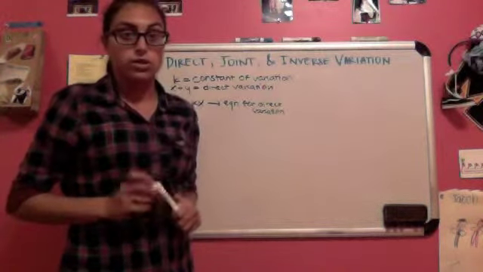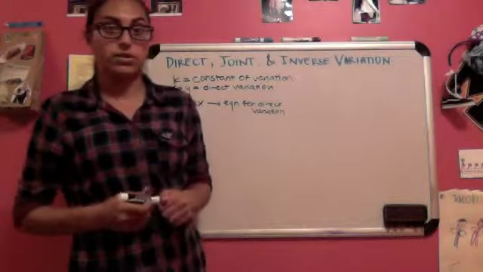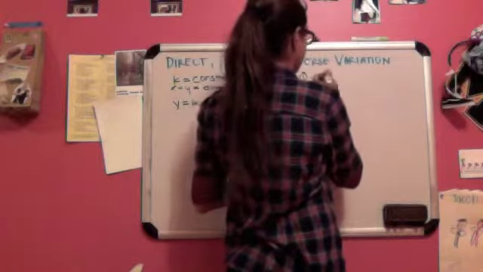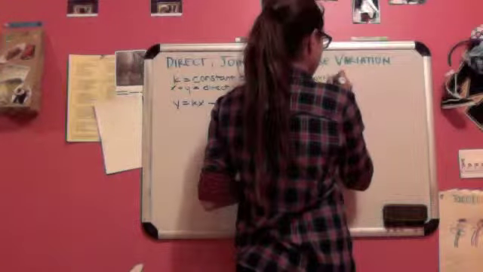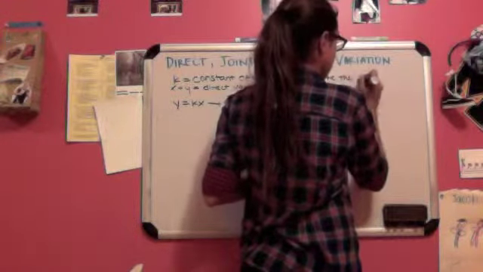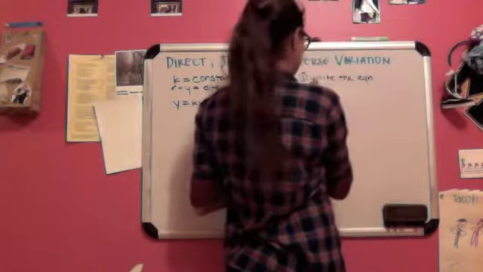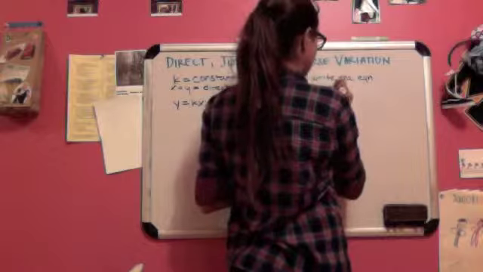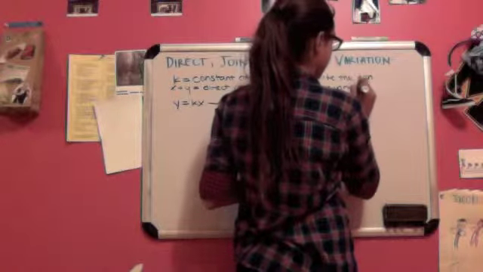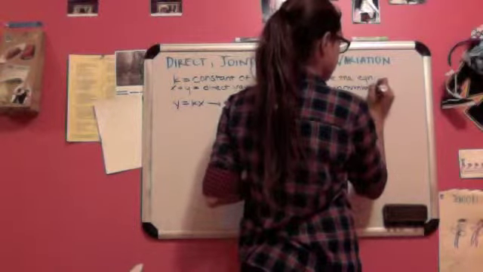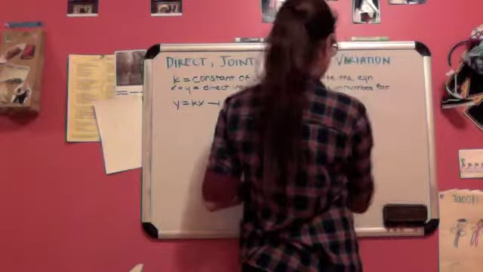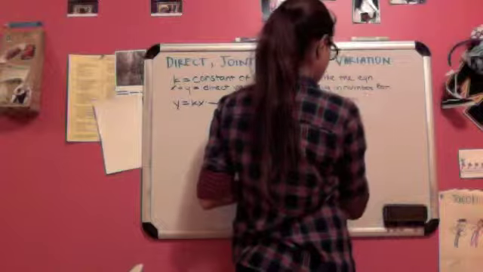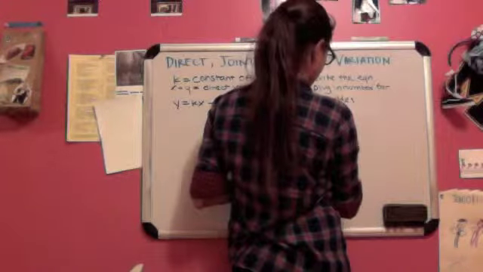So in order to solve for the equation, we have to go through some steps. Number one is to write the equation. Two is to plug in numbers for the variables. Three is to solve for k.